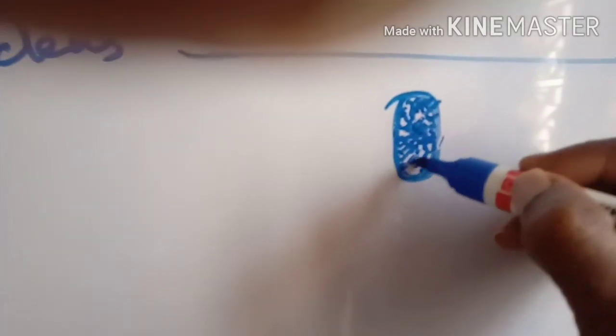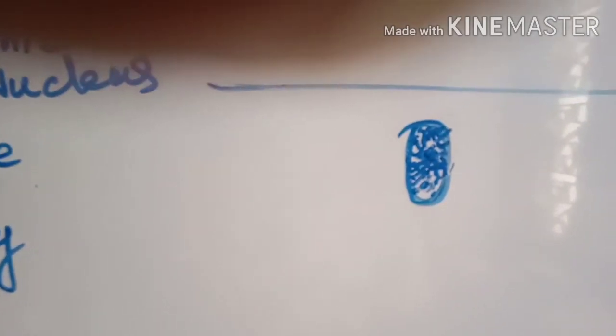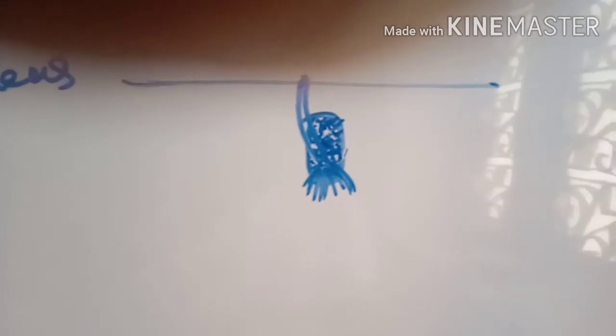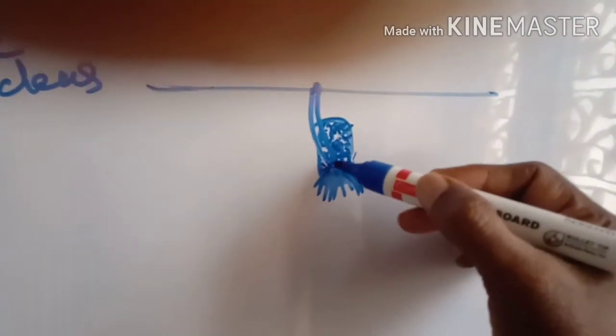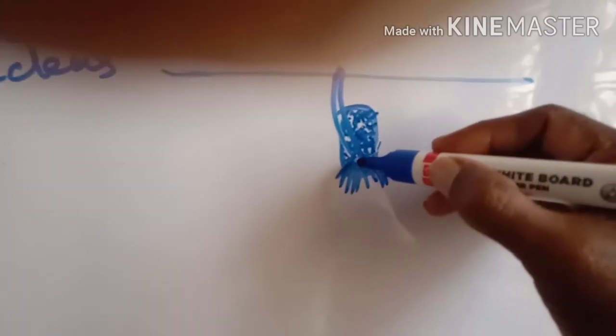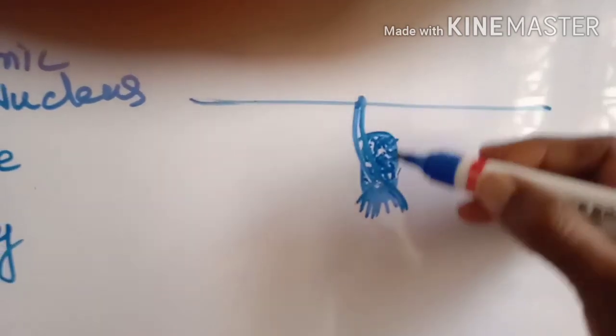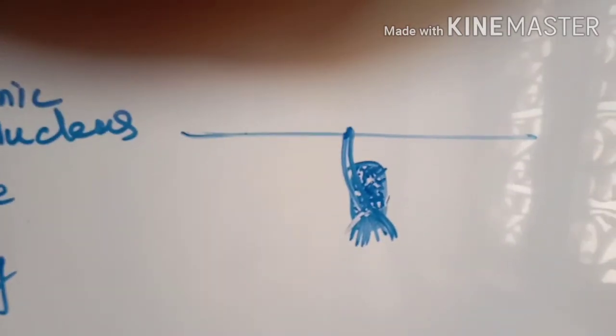Later, the zygote divides and forms a number of cells which produce a radicle, then a plumule. Because of its divisions, a plumule is formed and a radicle is also formed.